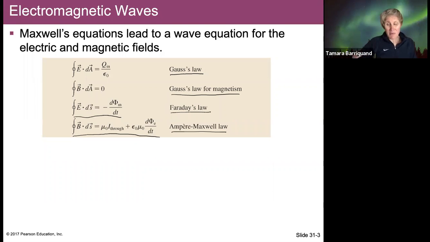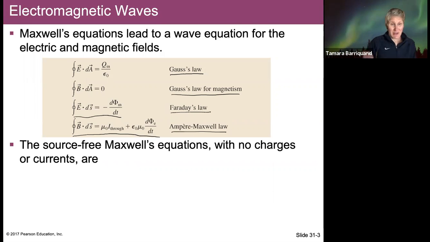Now what we want to think about is an electromagnetic wave, and light isn't charged particles at all. So there are no charges and there are no currents. So let's get rid of all charges and currents here. Q in, that's gone, so this will just be 0. And here we have I through.